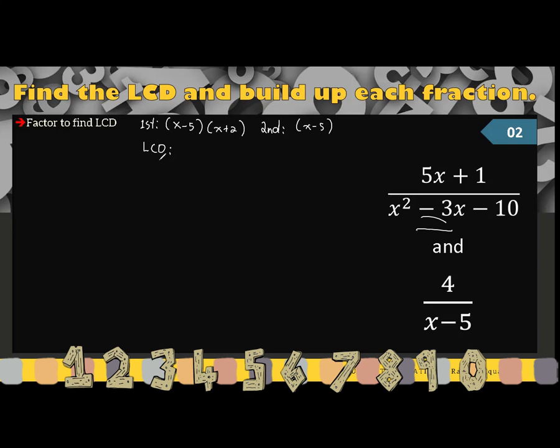Now find the LCD after factoring. We have a unique factor for the first polynomial, which is x plus 2. And take note that both have x minus 5 as the given factor. In this case, the second factor of the LCD will be x minus 5. So as you can see, the LCD will be x plus 2 times x minus 5.